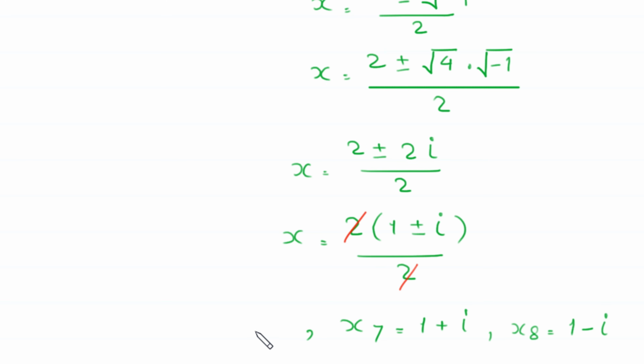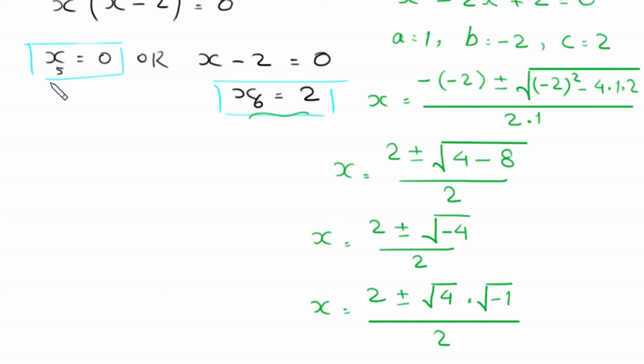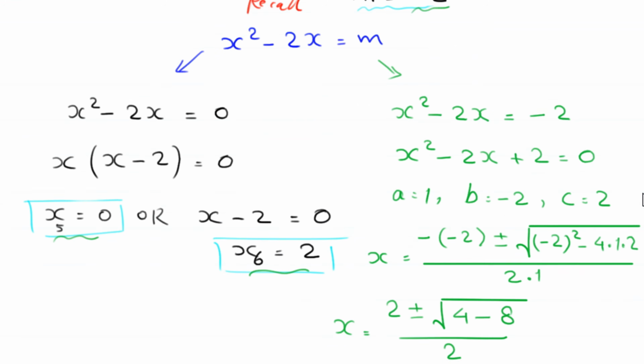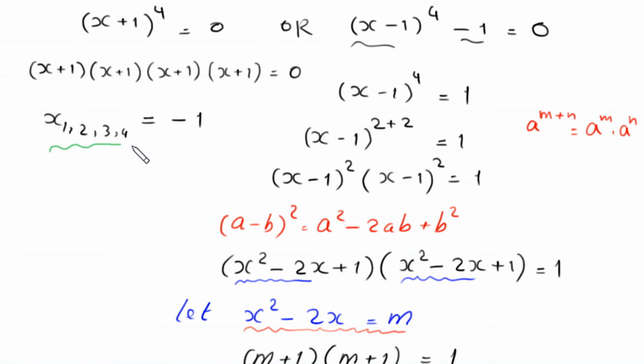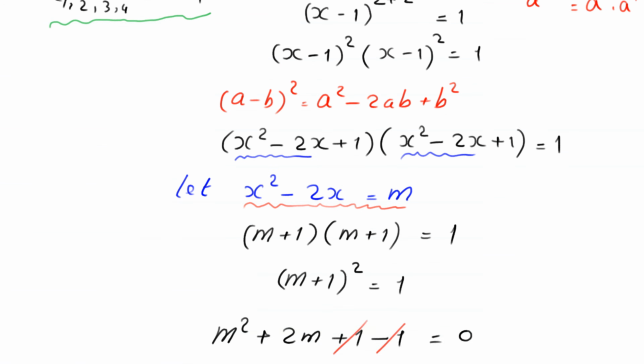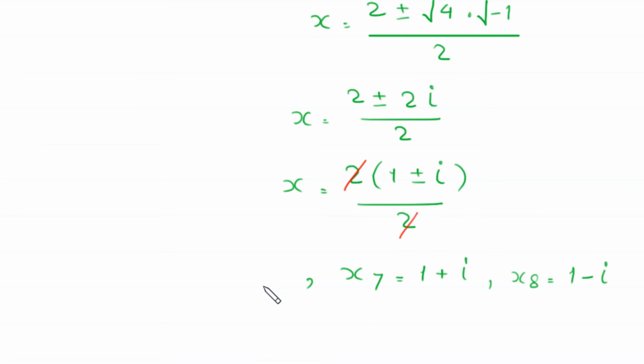First we found the value of x6 is equal to 2, x5 is equal to 0, and x1, 2, 3 and 4 is equal to negative 1.